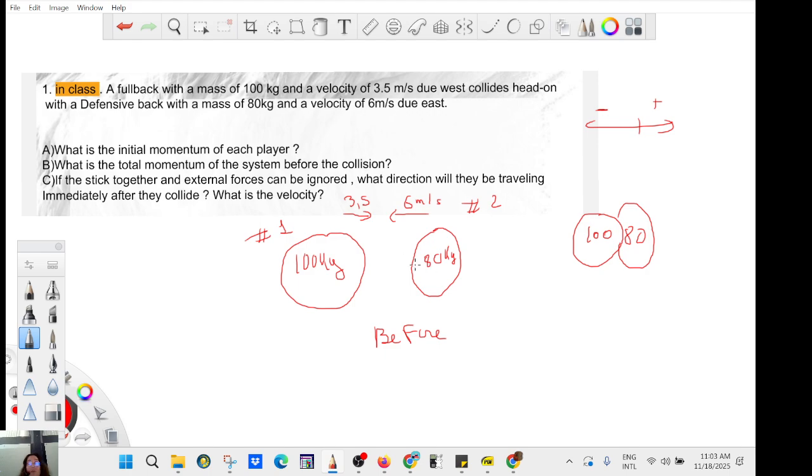So this one will win. Momentum before: 100 times 3.5. Here you have to be careful because it's negative. After, you have 100 plus 80, so 180.